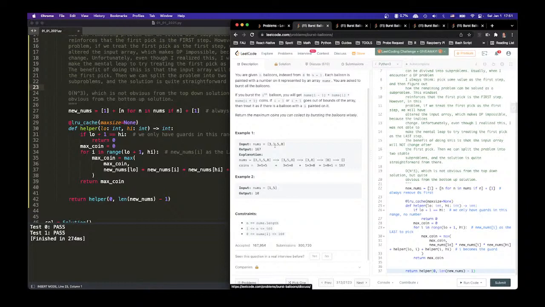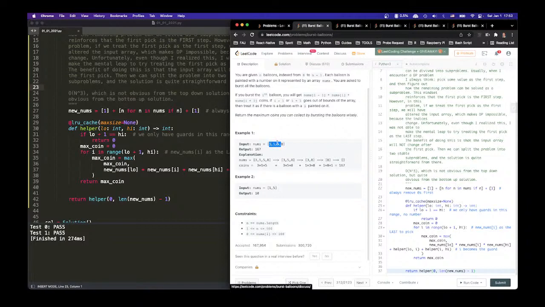So, 0, 2 is dependent on 0, 1 and a 1, 2. Okay? That's 0, 2. Now let's see 1, 3. And remember, when we say 1, 3, we're focusing on one value. These two are the guards, right?